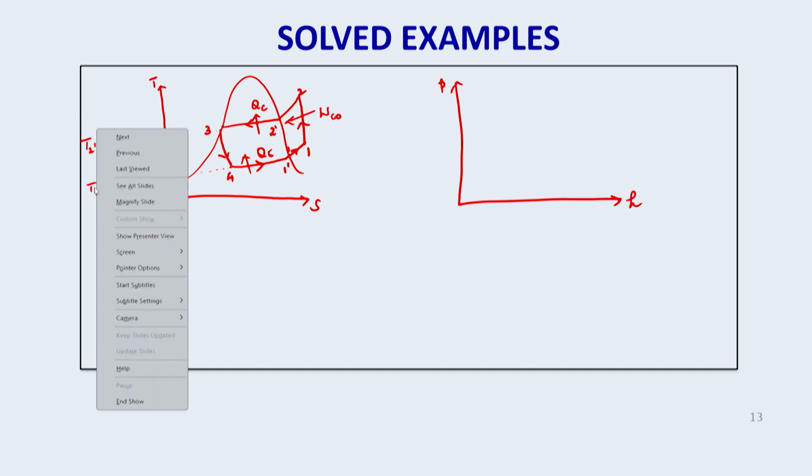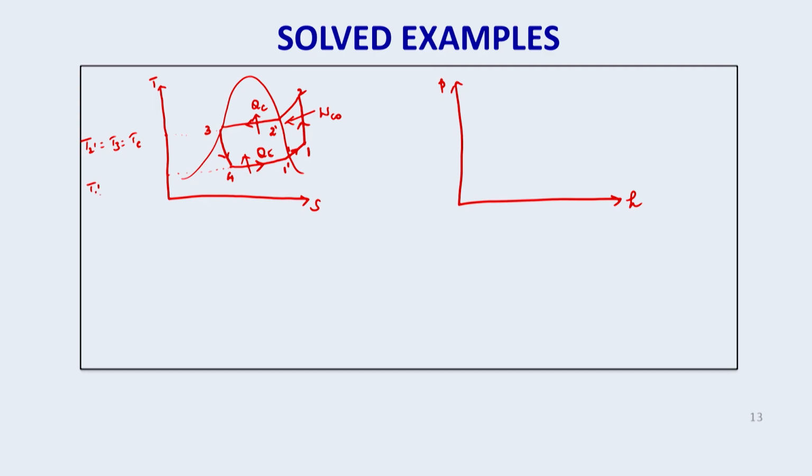T1 dash is equal to T4, which is equal to evaporator temperature. So, this is given as -18 degrees centigrade and this is 32 degrees centigrade. Now, let me write it here.